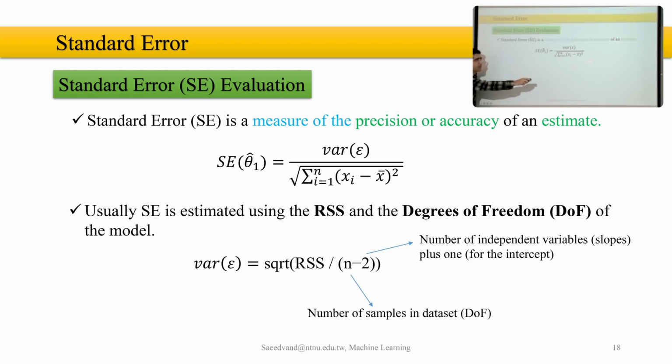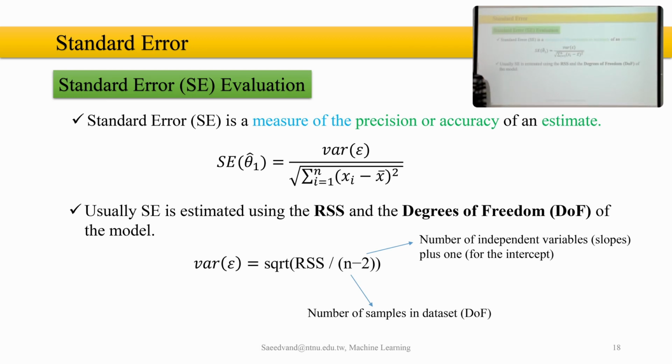If I calculate this term over here, of course I have each one of the xi's. I get the differences from the mean, I get the square root, and the error variance over that gives me the standard error. This is the formal definition of the standard error.